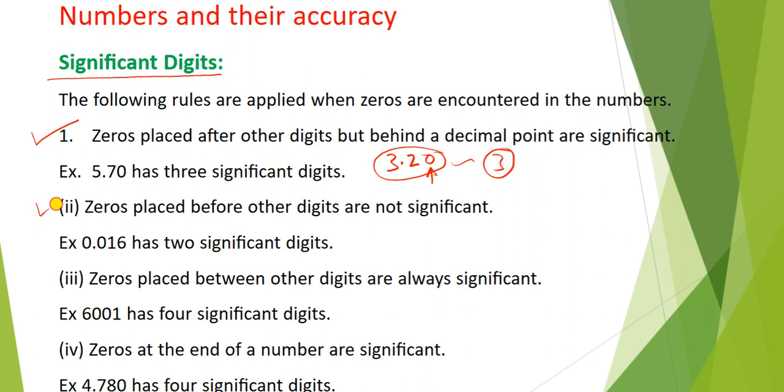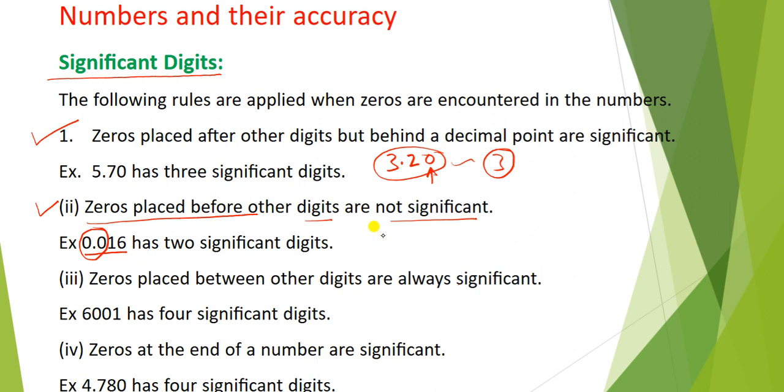Now second, zeros placed before other digits are not significant. Say 0.016. Here 0.0 are the leading zeros, and leading zeros are not significant. So this number contains only two significant digits.